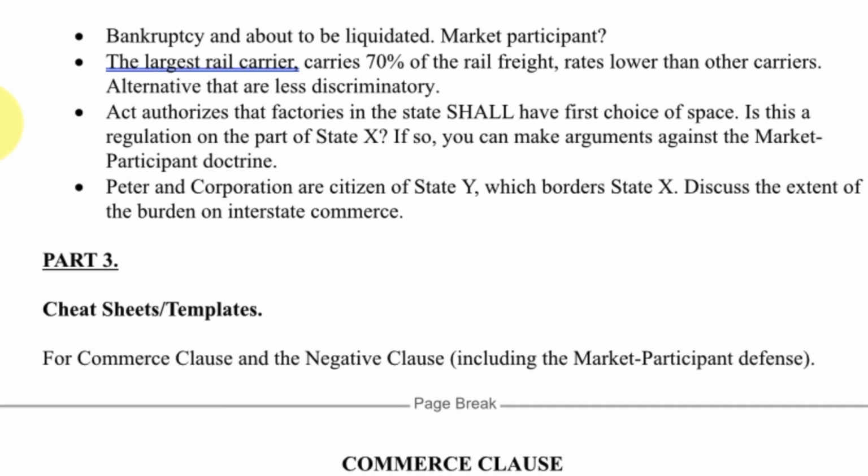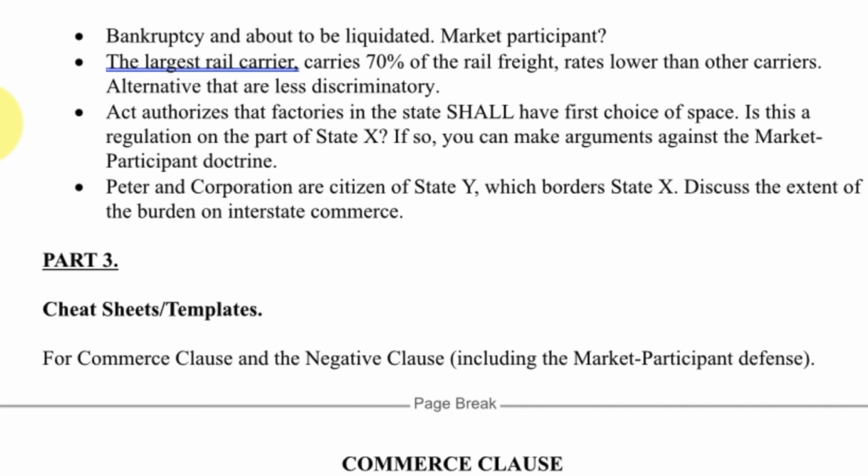It also had the lowest rates, so maybe you could have had a discussion on alternatives that were less discriminatory. And of course, the act by the state said that the factories in the state shall have first choice. So I'm thinking, is that more of a regulation? And that would be an argument against the market participant doctrine.